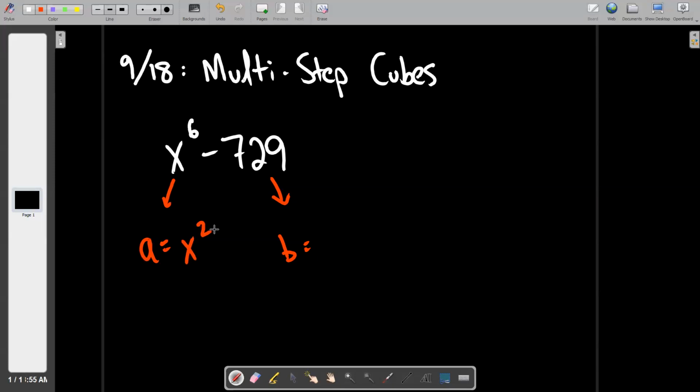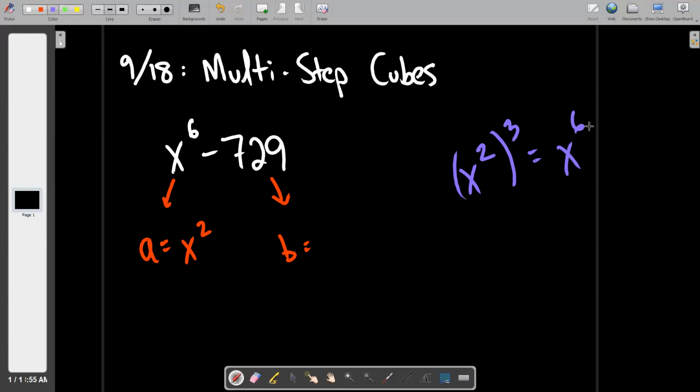We've not really gone down this road yet, so let me tell you that when your values have exponents, if you want to cube root them, you actually divide the exponent by 3. That rooting and exponents relationship is interesting, but it's very easy to prove. If you wanted to see it from the other end, you could easily prove that x to the second to the third is x to the sixth.